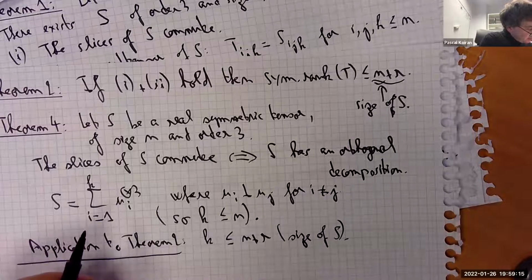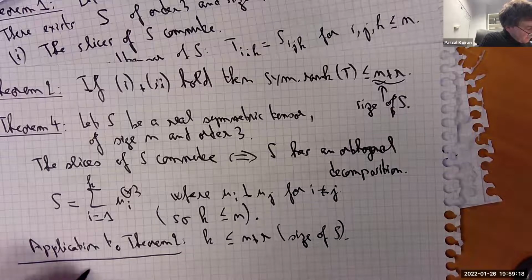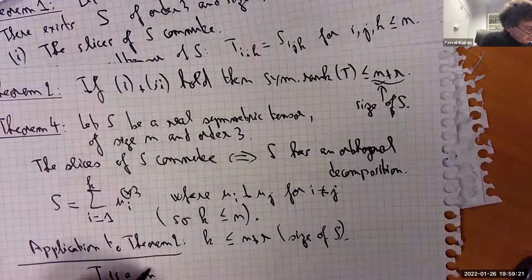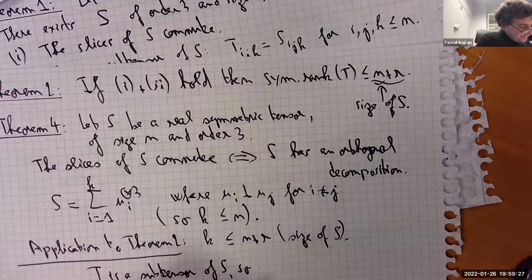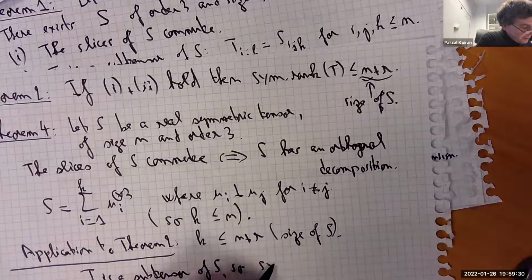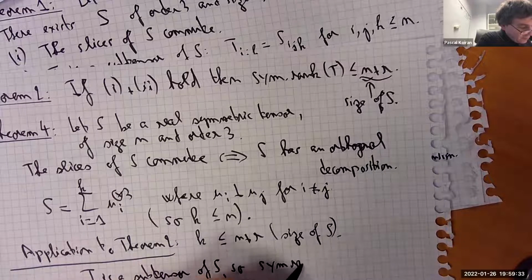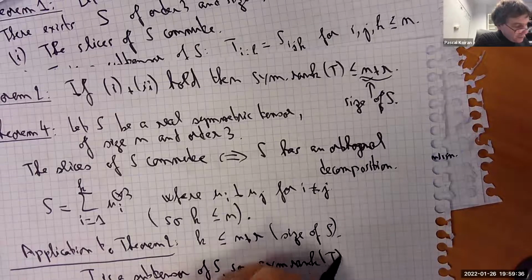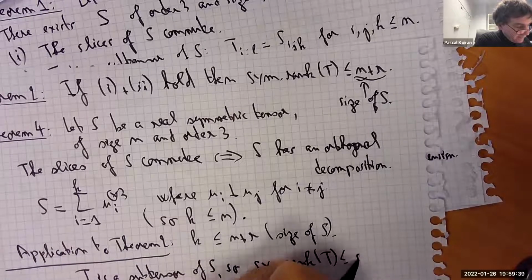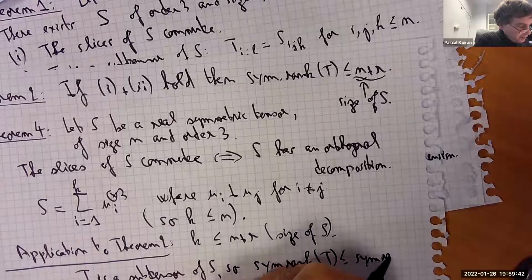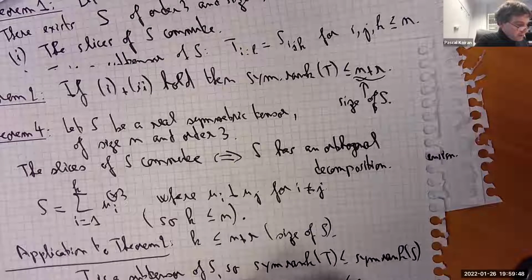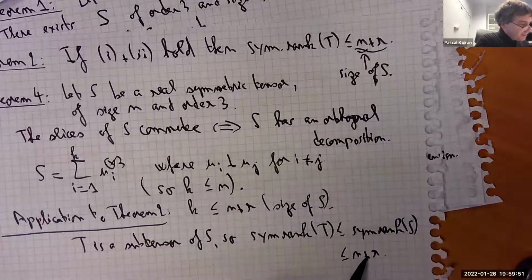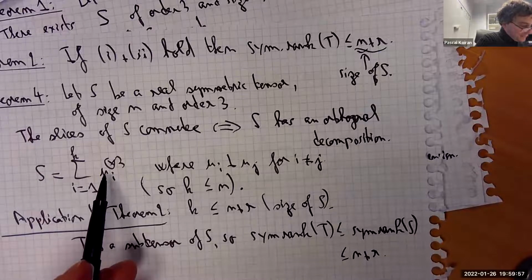We have that T is a subtensor of S. So the symmetric rank of T, you can bound it by the symmetric rank of S, which is, as we saw, at most n plus r, because you're in a space of dimension n plus r, so you cannot have more than n plus r pairwise orthogonal vectors.